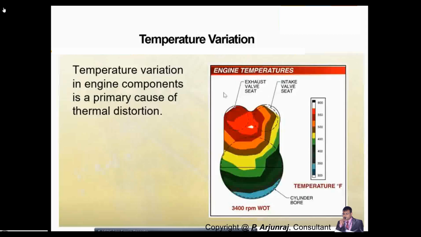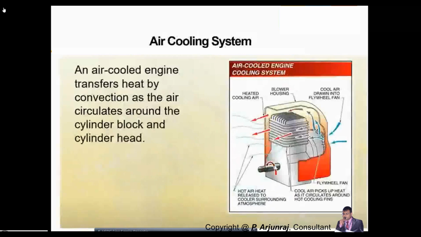Basically in the seat area, you are going to experience almost 500 to 600 degrees. And again, this valve seat is very critical. Because of this high temperature, if there is any leakage, it may lead to the failure of the engine as well. So that's the reason you need to go for a cooling and lubrication system to avoid the failure or overheating of the engine.